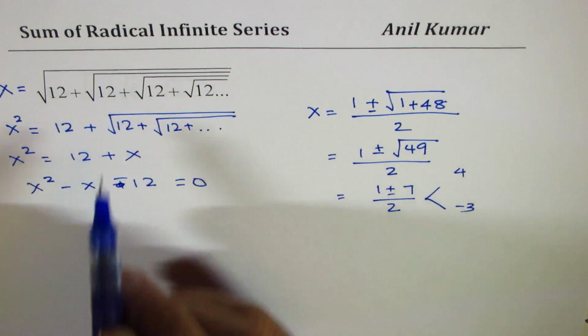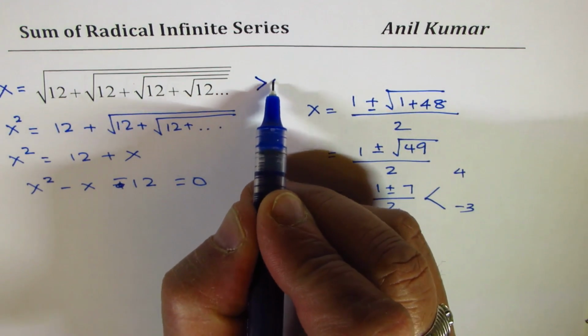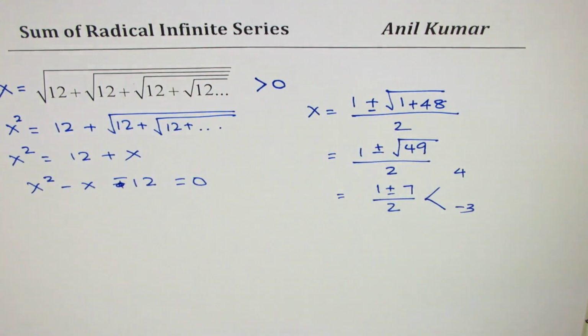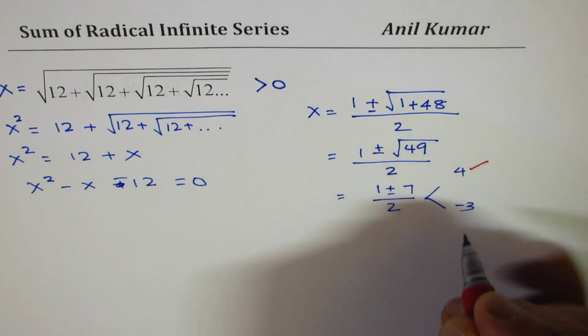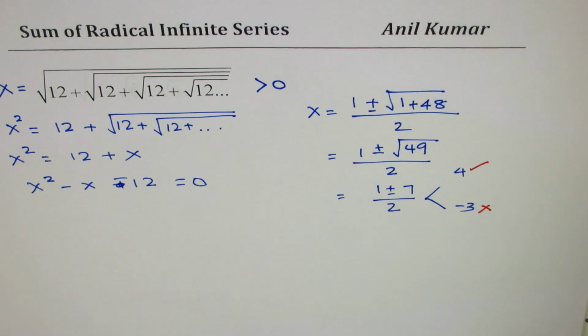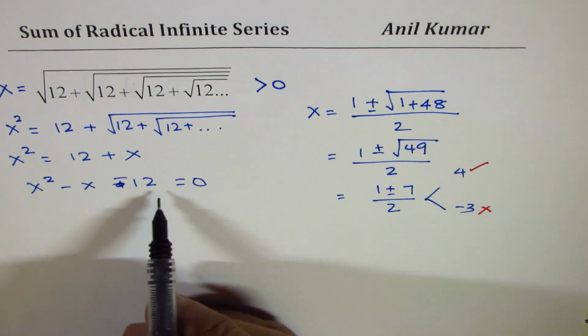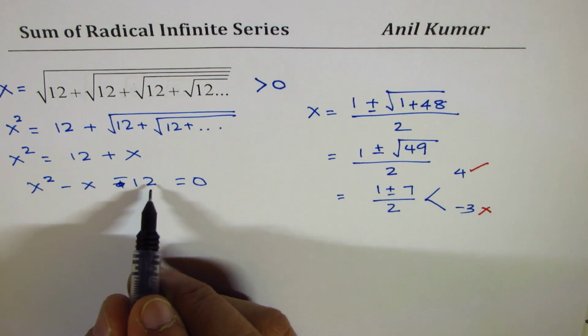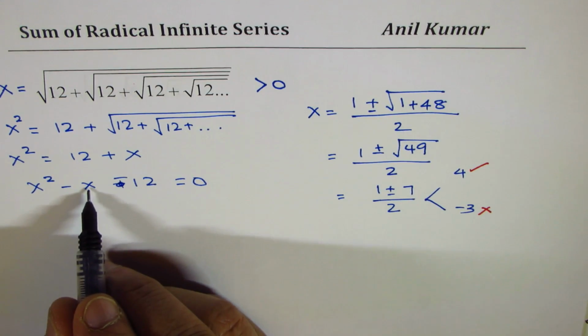And we know this solution has to be greater than 0. Whenever you have radical sign, always it is greater than 0. Therefore, we know this is correct and this is not correct. So we get our solution. Perfect. Now some of you could also factor it directly. We are looking for two numbers whose product is minus 12, sum is minus 1.